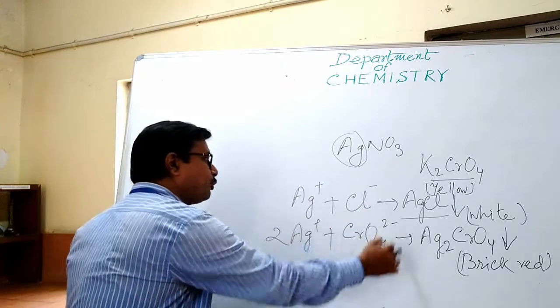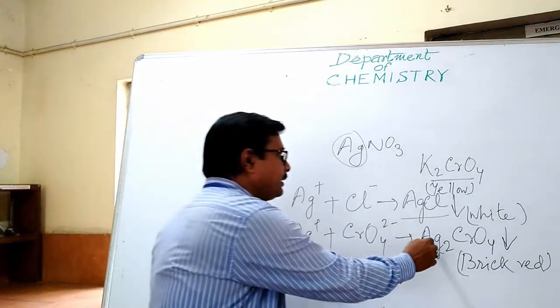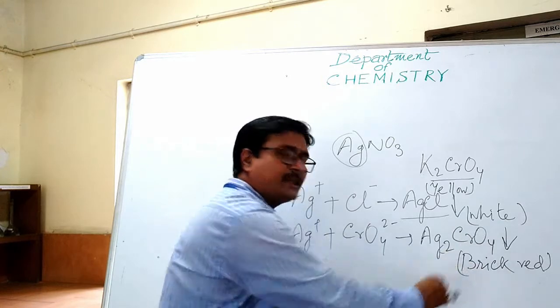So silver binds with chromate and forms silver chromate precipitate, which is brick red in color.